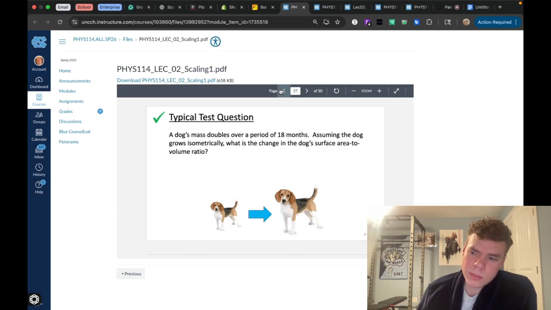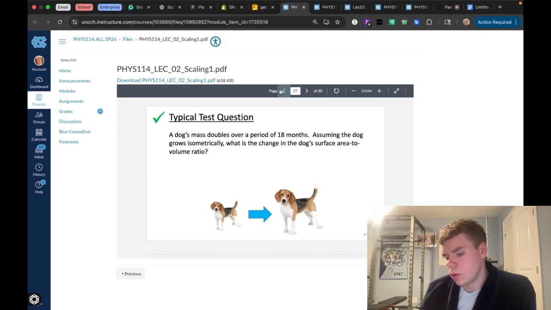You said it would grow isometrically, so wouldn't it just be the exact same thing? So if a dog's mass doubles, then the surface area and the volume... All right, let's break the math down.